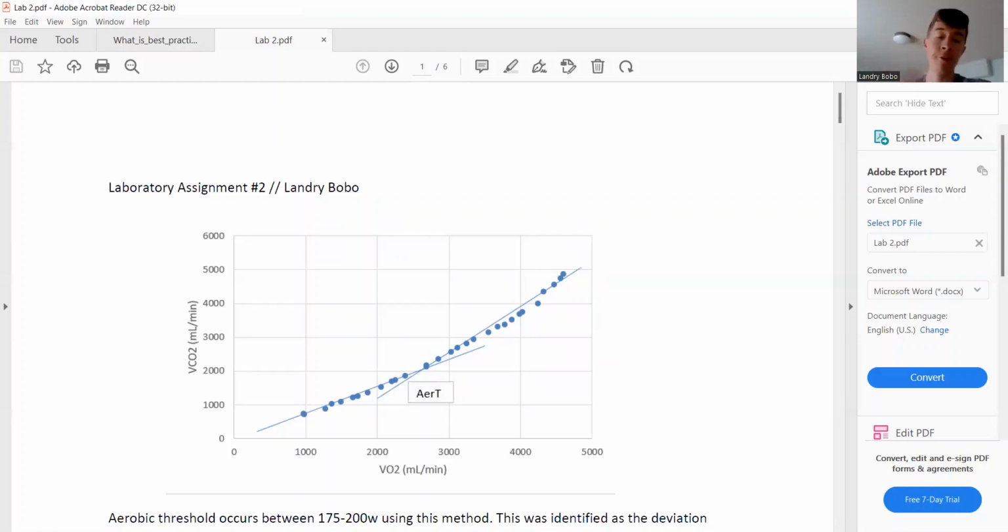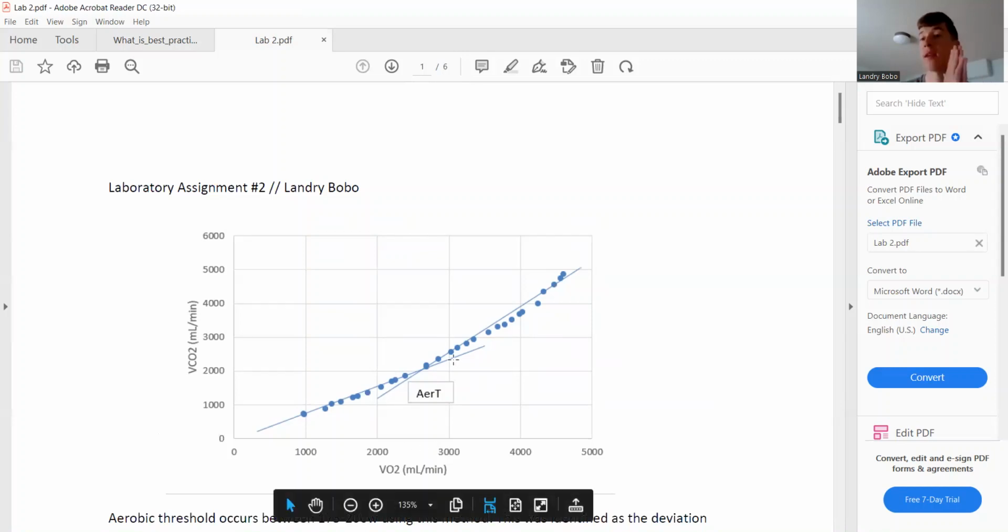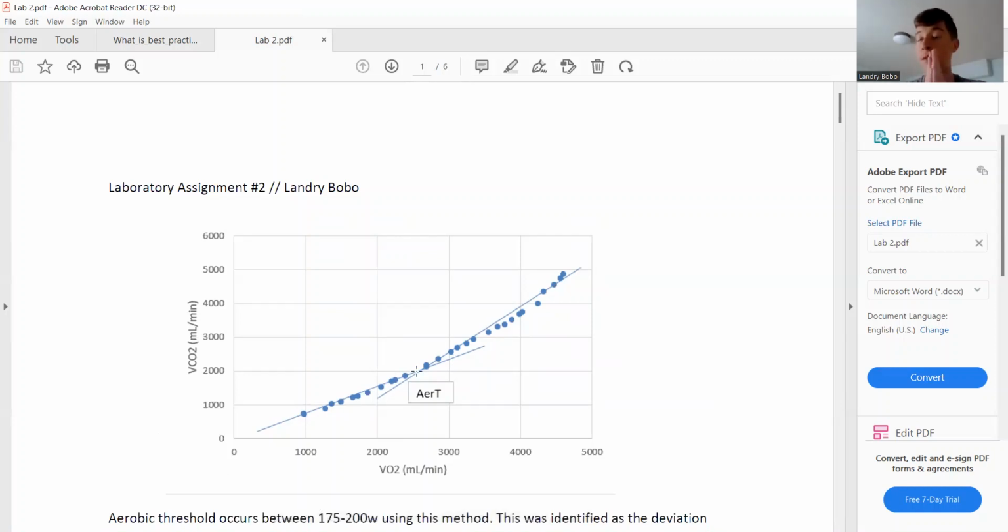They start you at 50 watts, and you keep going harder and harder until you can't go anymore. That's where all of this data comes from. And from this graph, we were able to identify that first threshold, which would be sandwiched between my endurance zone and my tempo zone, if we're talking about cycling specifically.